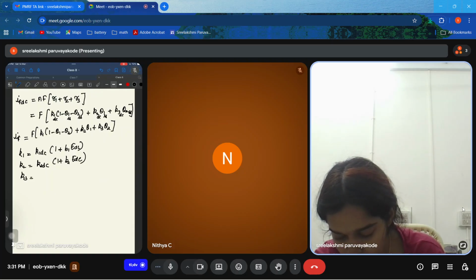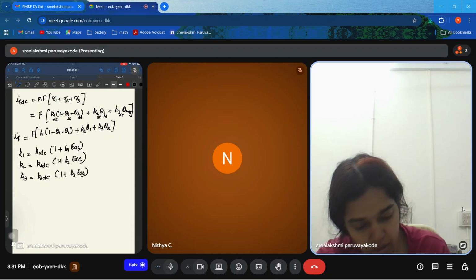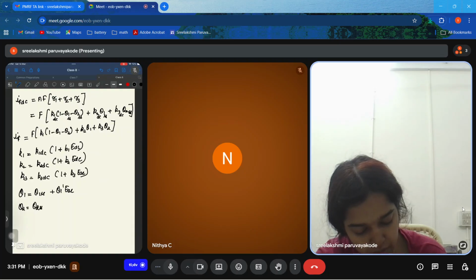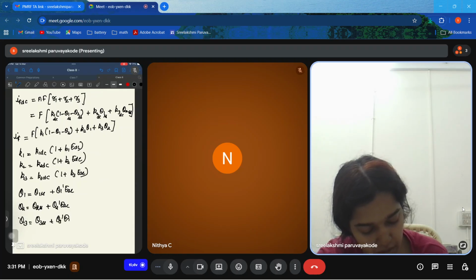K3 equal to K3 DC into 1 plus V3 EAC. Now what is theta 1? Theta 1 equal to theta 1 SS plus theta 1 dash EAC. Theta 2 equal to theta 2 SS plus theta 2 dash EAC. Theta 3 is theta 3 SS plus theta 3 dash EAC.